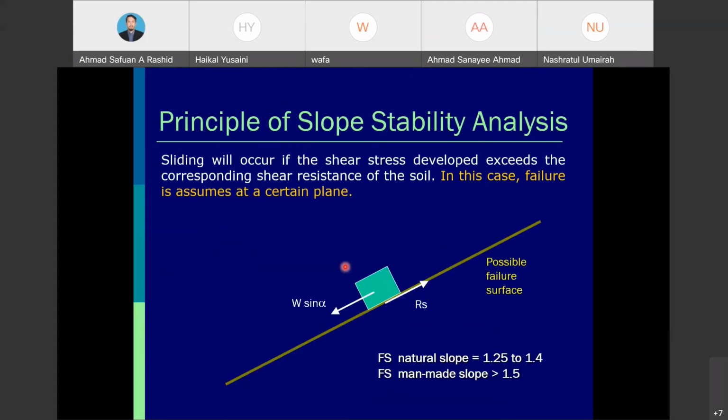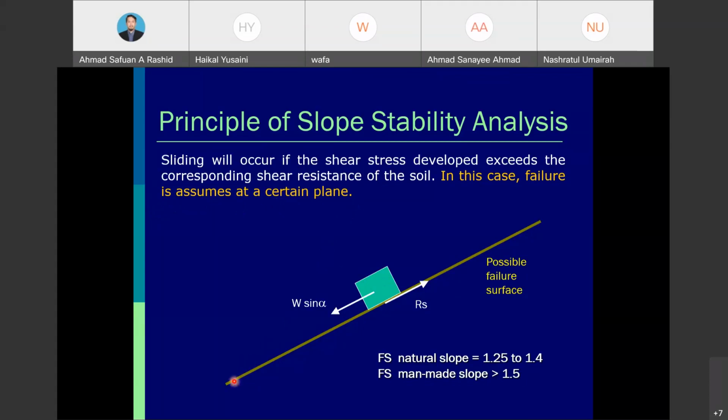So, principle of slope stability analysis. We look at one block of soil. Sliding will occur if the shear stress developed exceeds the corresponding shear resistance of the soil. In this case, failure is assumed at a certain plane.